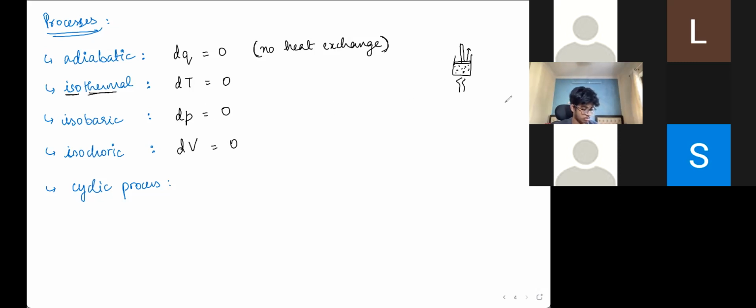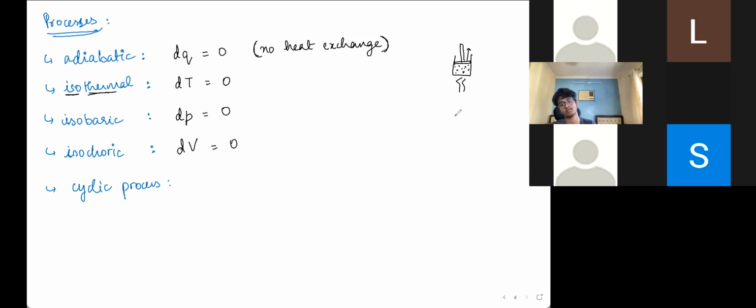Isobaric, the pressure is kept constant. So again, it's a variation in the volume and the temperature. Let everything happen at atmospheric pressure. All of your reactions, whatever happens, as long as you're not using a closed vessel, if you're letting everything stay at atmospheric pressure, that becomes an isobaric process.